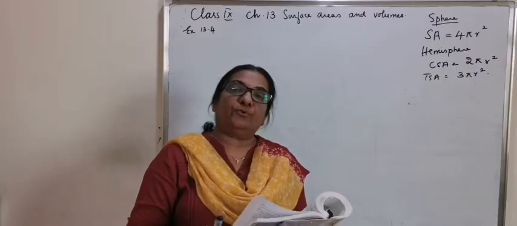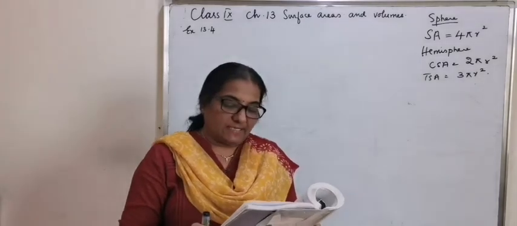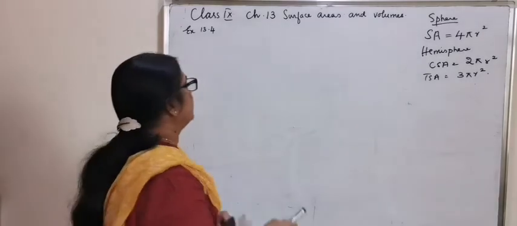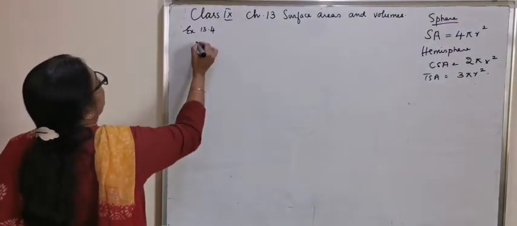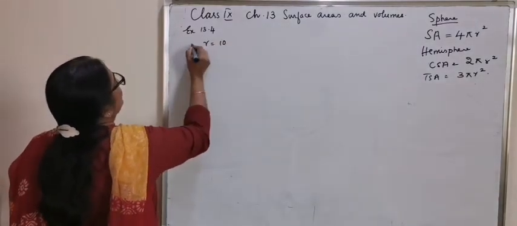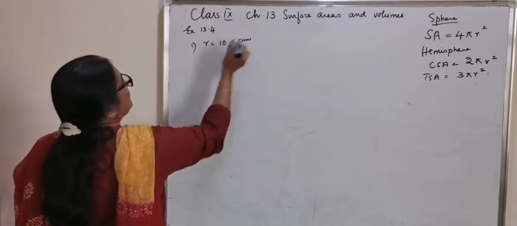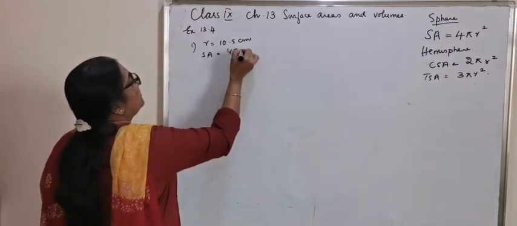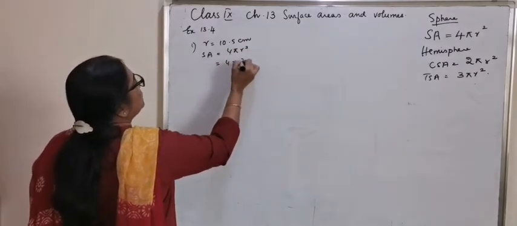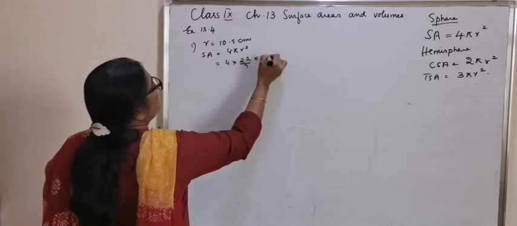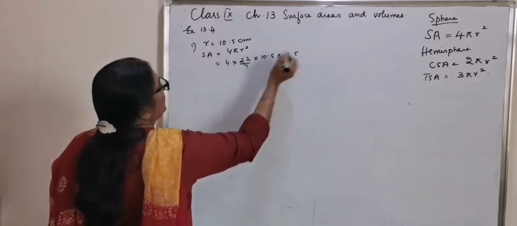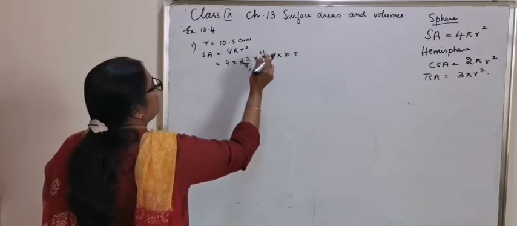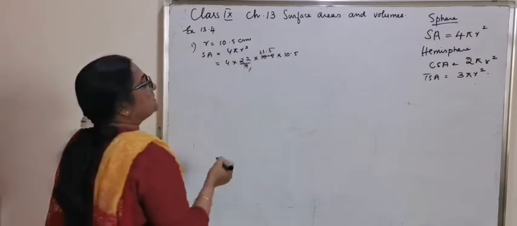Exercise 13.4, question number 1. Find the surface area of a sphere of radius 10.5 centimeter. Radius is equal to 10.5 centimeter. It's a direct sum. Surface area is equal to 4 pi r square, 4 into 22 by 7 into 10.5 into 10.5. 7 ones are 7, and it is 1.5.